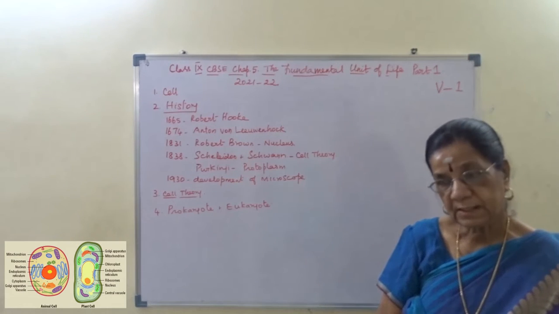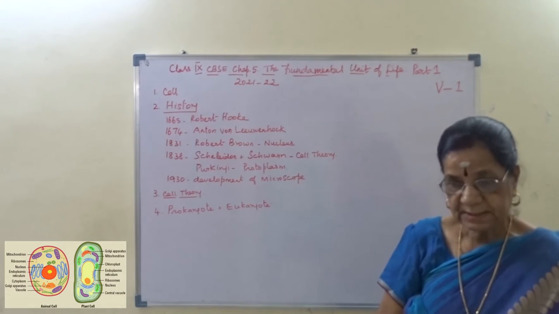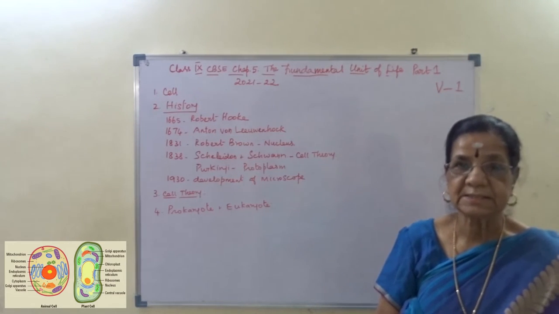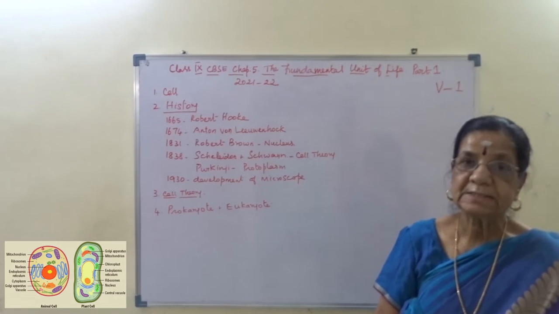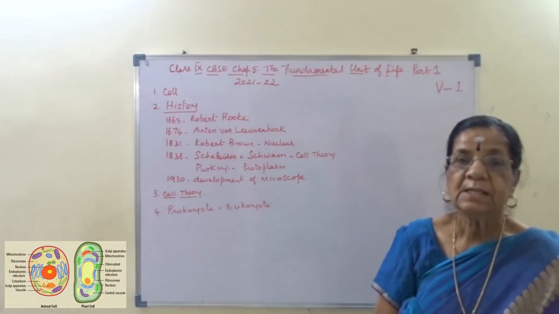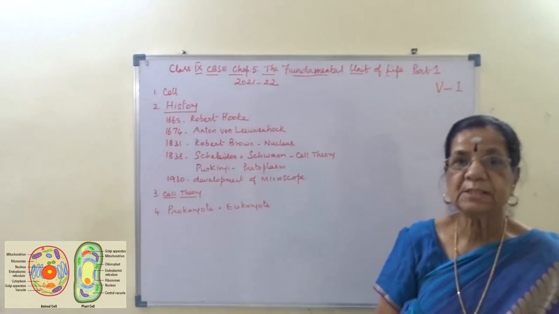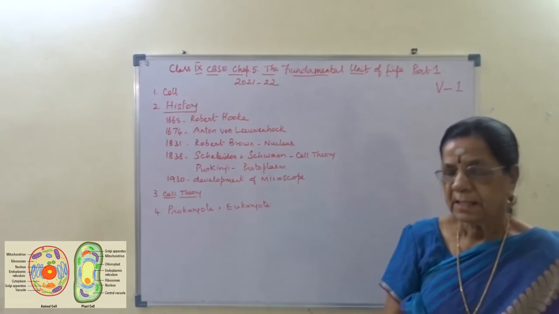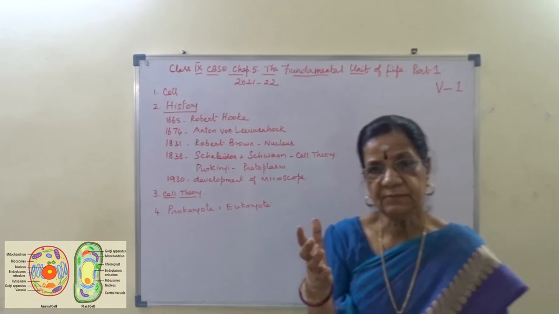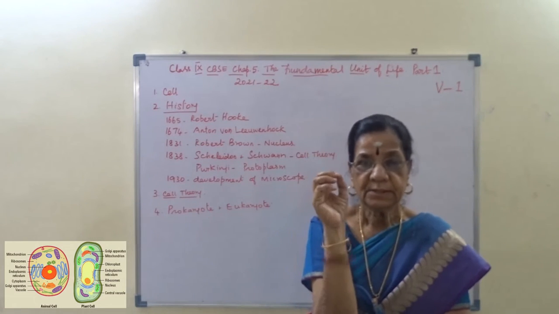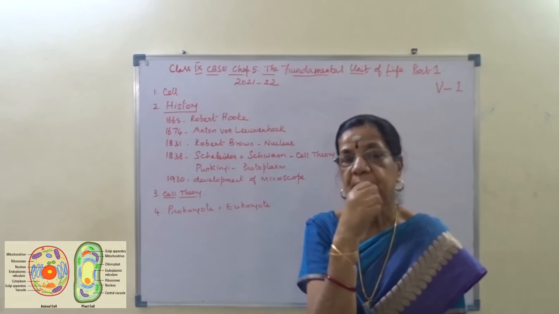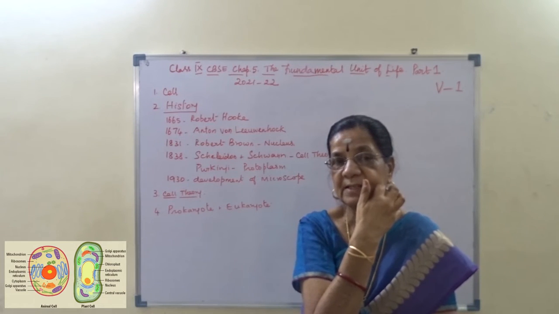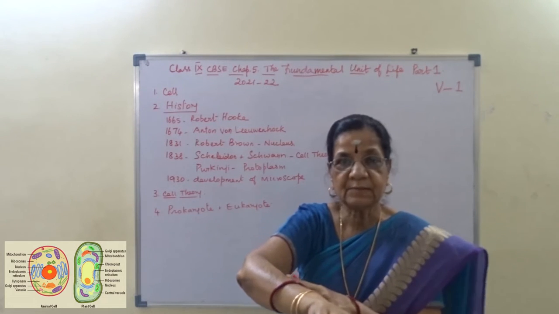Now we studied cell structure and function last year, is it not? Now what is a cell? Cell is the structural and functional unit of life. What does it mean again? Any part of the living thing. Say for example, suppose I get a scratch in my hand.